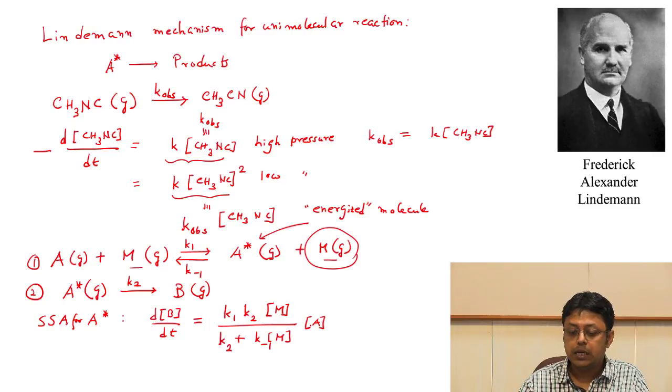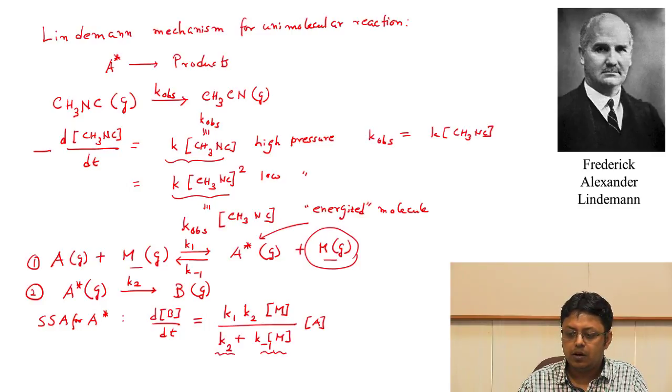In the low pressure limit, you have a linear relationship, which means this term should be much less than the other term, and the observed rate law is proportional to the concentration of the gas.